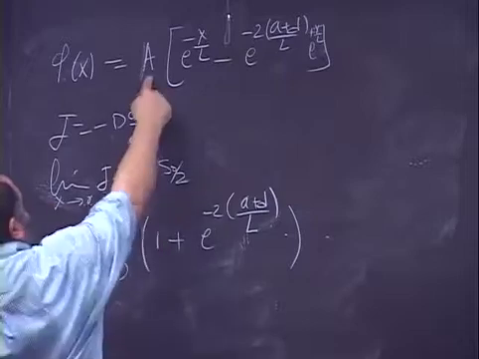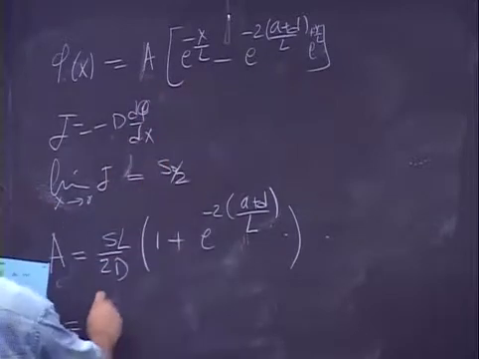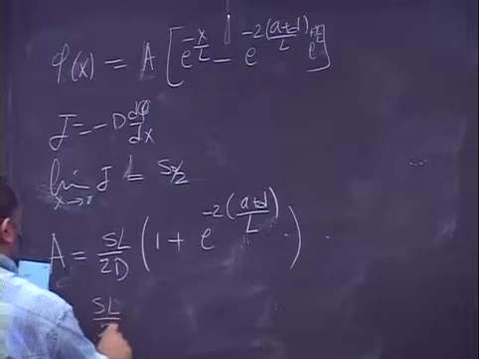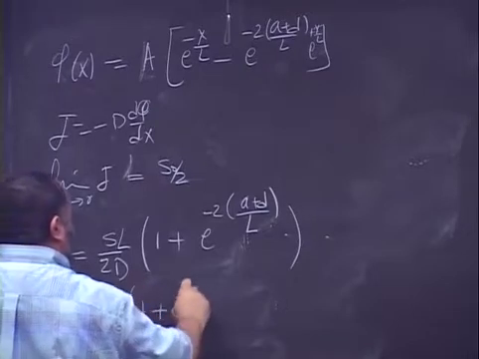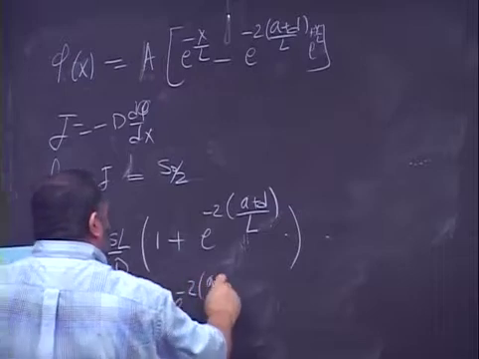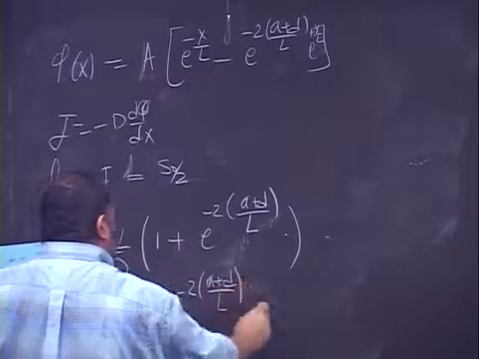So the flux is A multiplied by this, and A is SL over 2D multiplied by 1 plus e to the power of minus 2 A plus D over L.